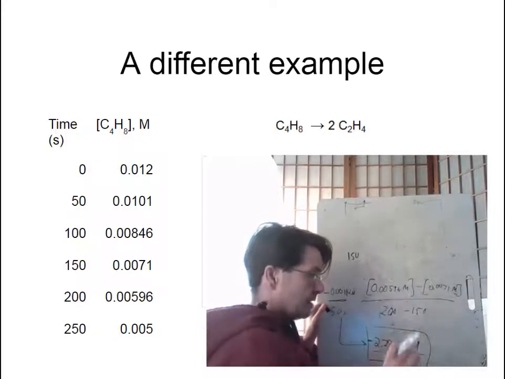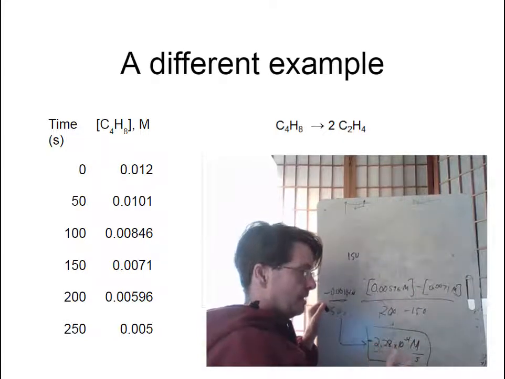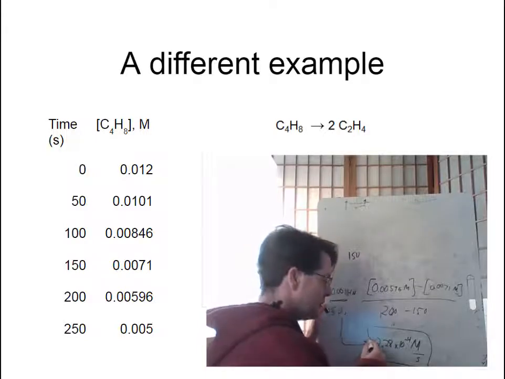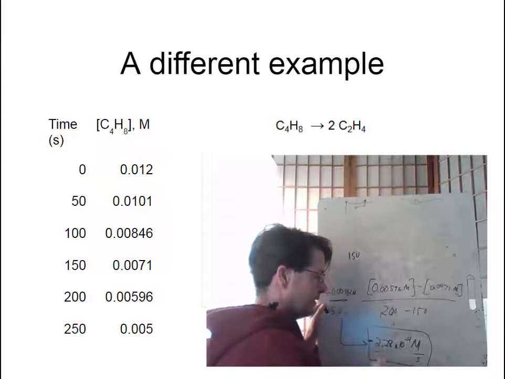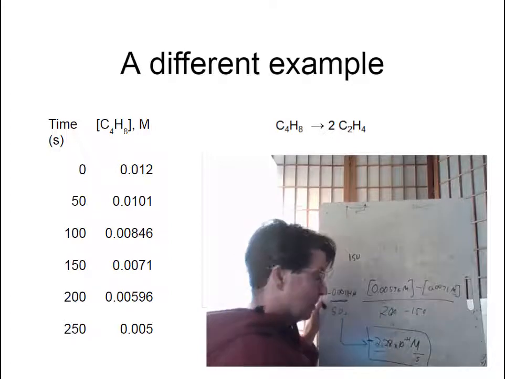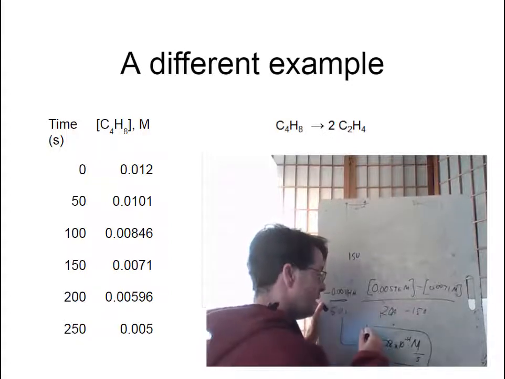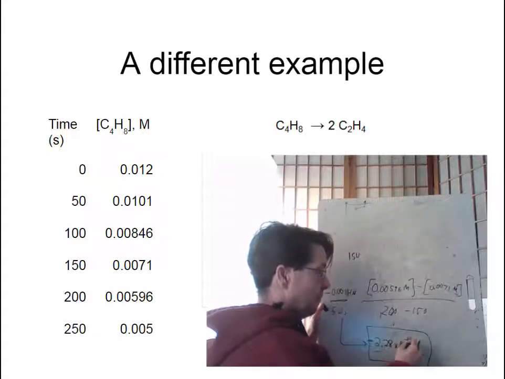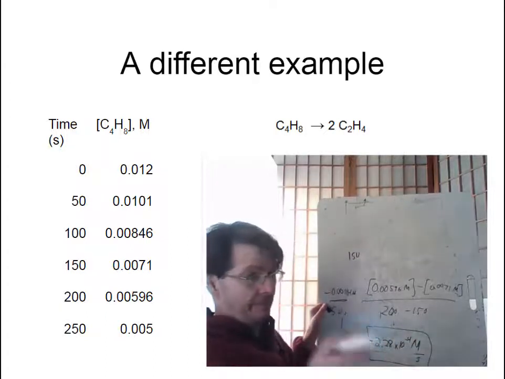It starts high, ends low, and so it's disappearing, it's being consumed. So this is a weird convention, the negative sign. Oftentimes we'll eliminate that. We'll talk about that in a second. So the rate is going down, minus 2.28 times 10 to the minus 4th molar every second at this particular juncture.